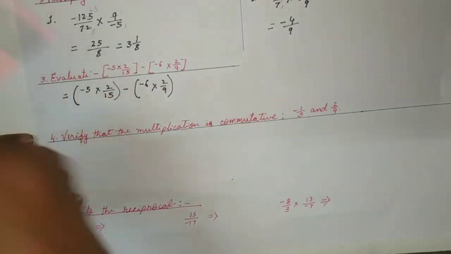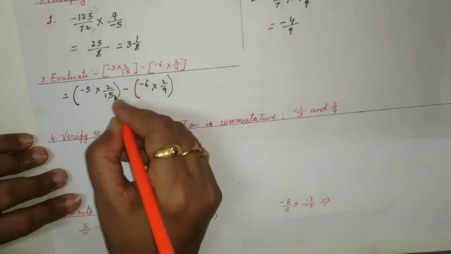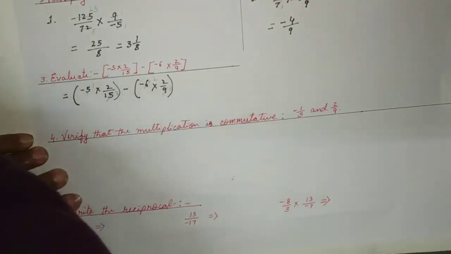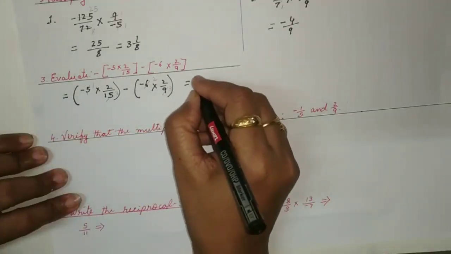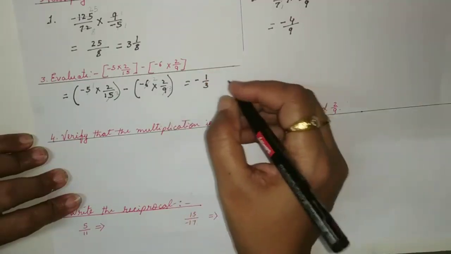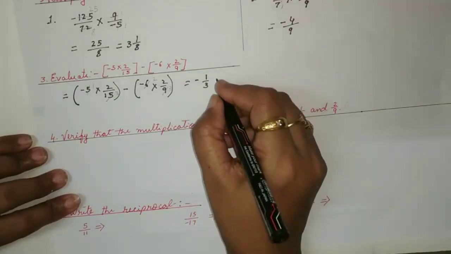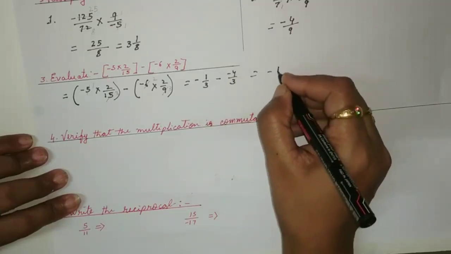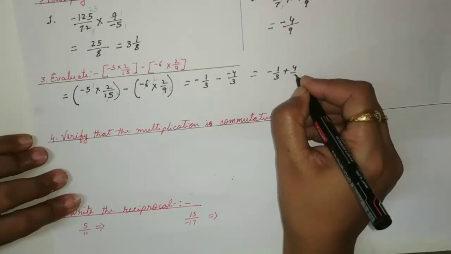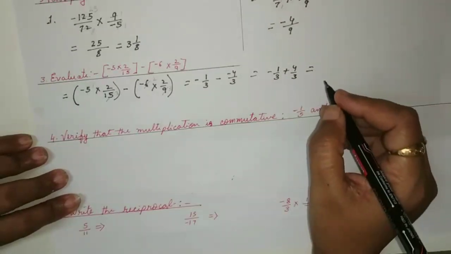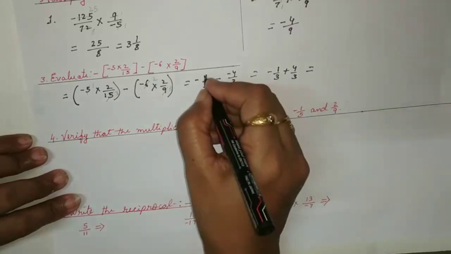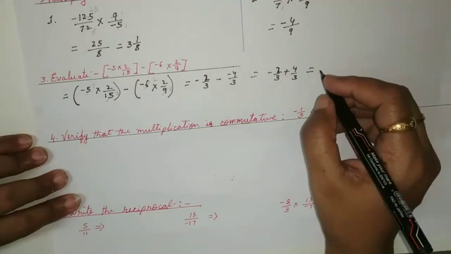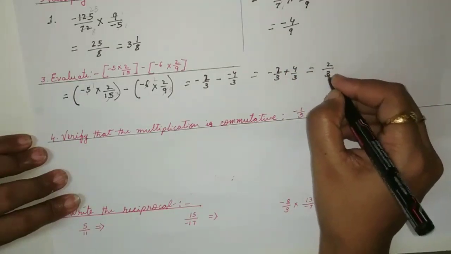How do we cancel? 5 ones are 5, 5 threes are 15, 3 twos are 6, 3 threes are 9. So what do you get now? It is minus 1 by 3 and minus 4 by 3, which is actually minus 1 by 3 plus 4 by 3, and 2 ones are 2. And your answer now is 2 by 3.